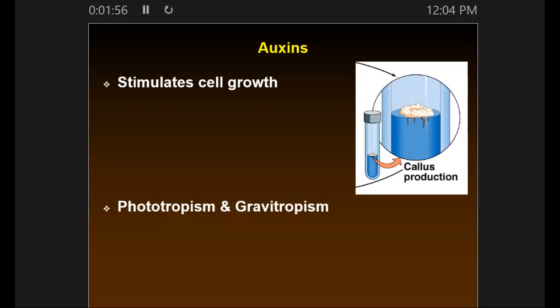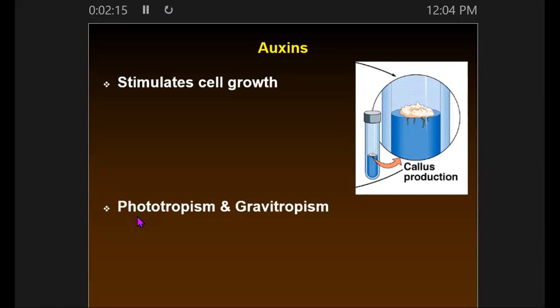And so that's kind of like phase one. You want to just get a lot of good growth, and then you spike in a different hormone, and that tends to take that callus tissue and get it into the different steps of roots and leaves and stems. So we looked at that.